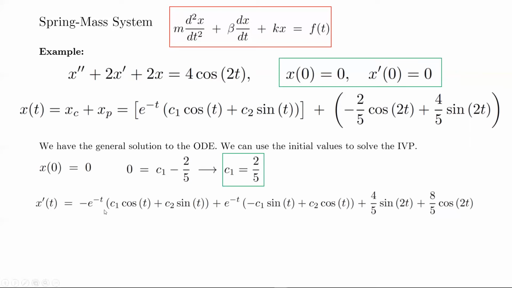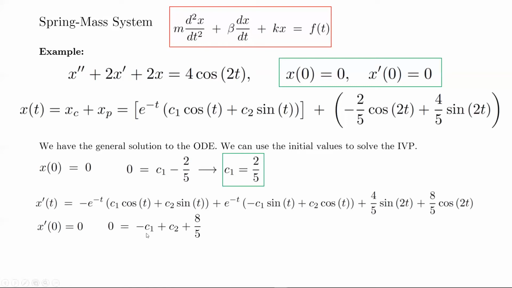Well, if we do that, then this exponential term is going to 1 here. Cosine is going to 1, sine is going to 0, so we just get negative c1 here, plus, this is 0 times c2, plus 1 times c2, so negative c1 plus c2 plus 0 plus 8/5.